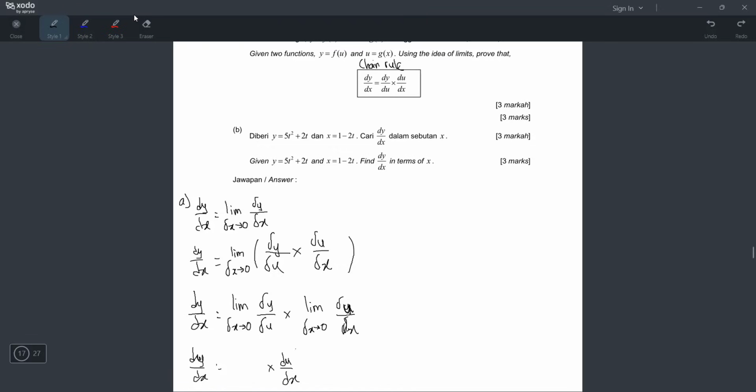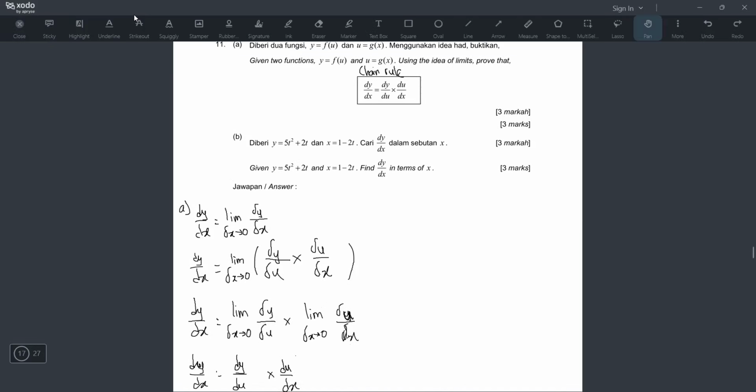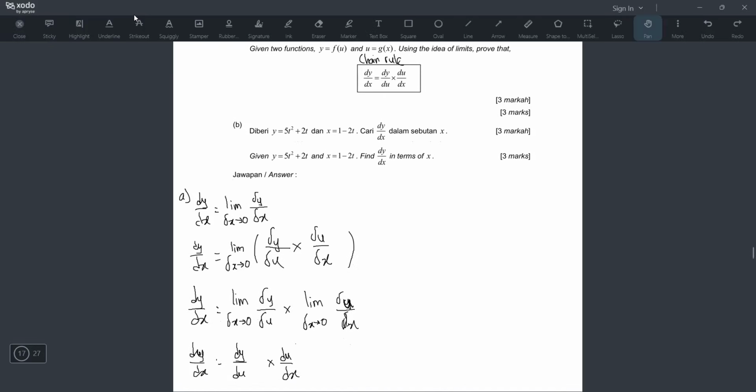This also looks the same. The difference is this one is delta u and this one is delta x. So if this whole thing can change to dy/dx, it means this whole thing can also change to dy/du. And if you look, this is the chain rule. So this is how I would do it: using the idea of limits, prove that.